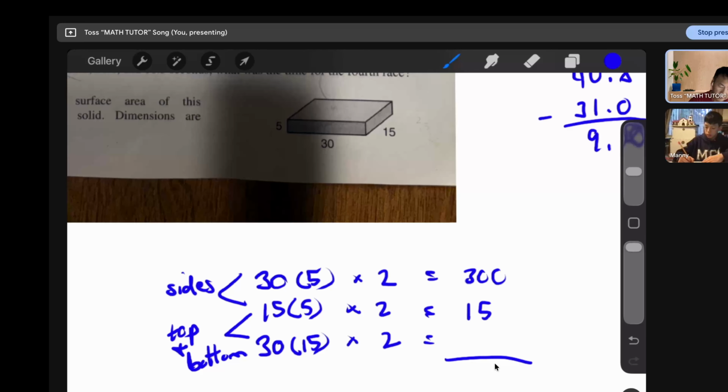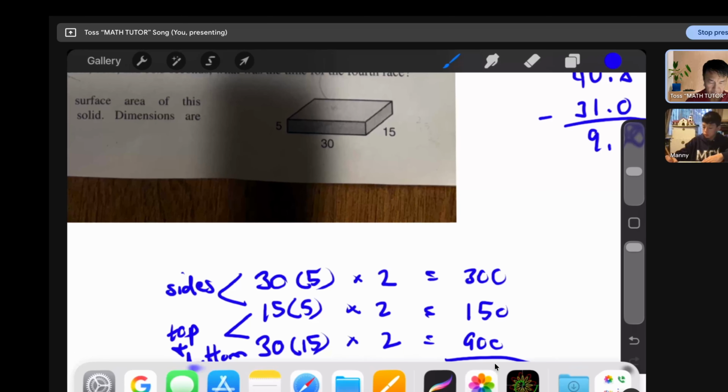What is that? 150. And then 450 times 2, that's 900. We add them up.